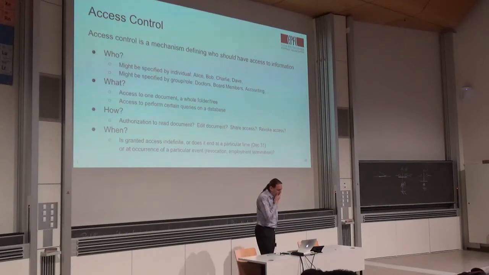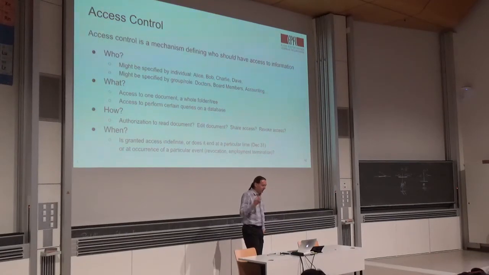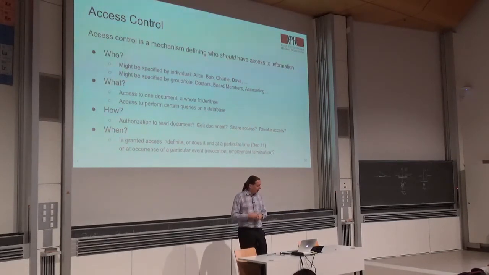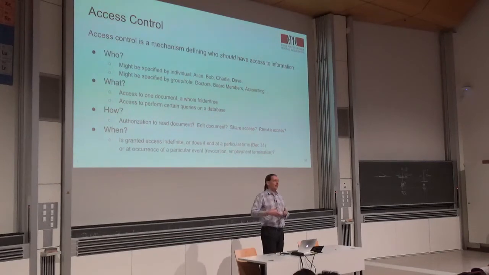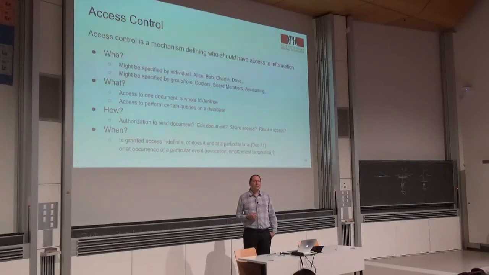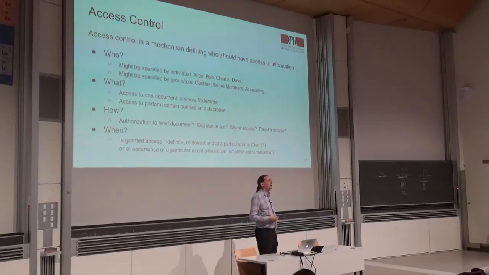So access control answers questions like: who should be able to access data, what data they should be able to access, how they should be able to access it (read, write, other types of access), whether they should be able to revoke access, add other users, administer, and when they should be able to access. So sometimes you can open a vault during business hours, but it stays closed otherwise, right?